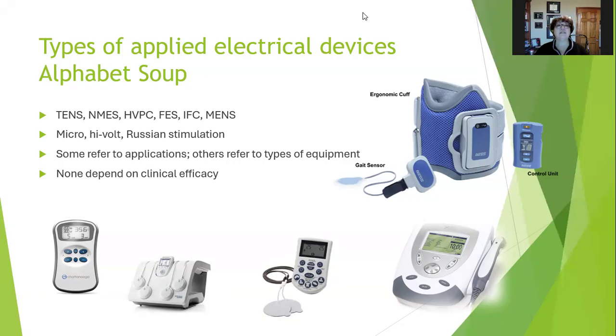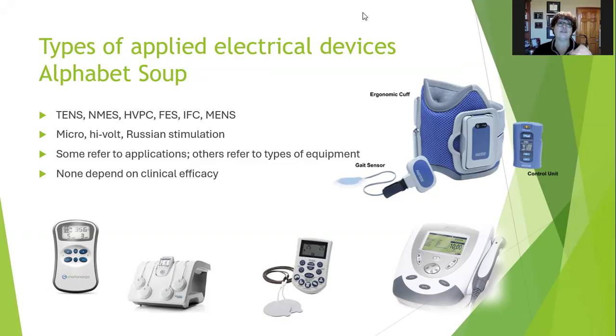None of them depend on clinical efficacy. So, can you set the parameters on an adjustable TENS unit to do muscle stim? Yes, you can. Can you set the parameters to do sensory stim? Yes, you can.